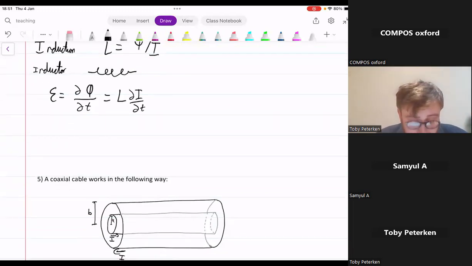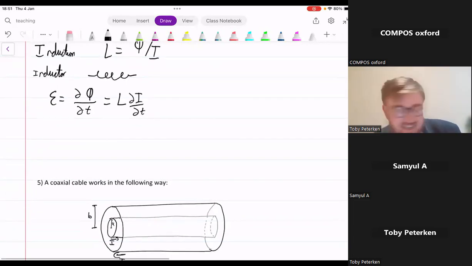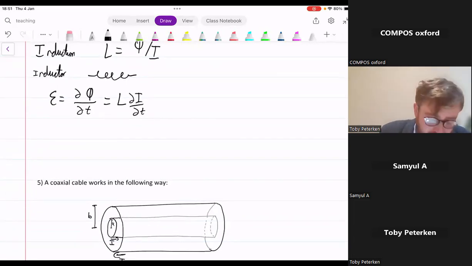So an inductor creates a voltage that opposes a change in current. Something we haven't talked about yet is units, really, for anything. So, let's quickly go back through them.